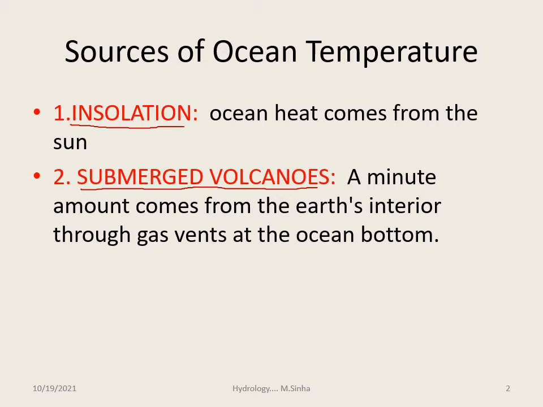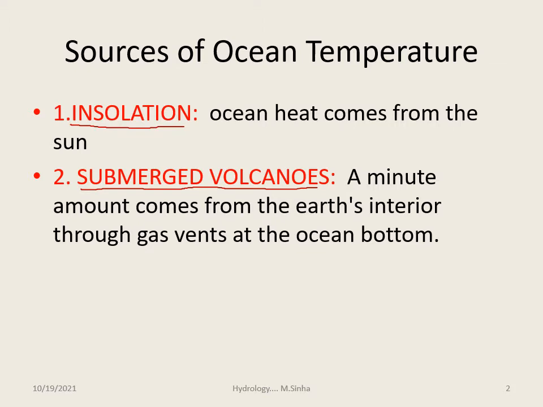So basically the ocean gets warm due to insolation, due to received EMR on the topmost layer of the ocean, and the ocean gets warm through the submerged volcanoes and their related eruptions from the bottom part of the ocean floor.